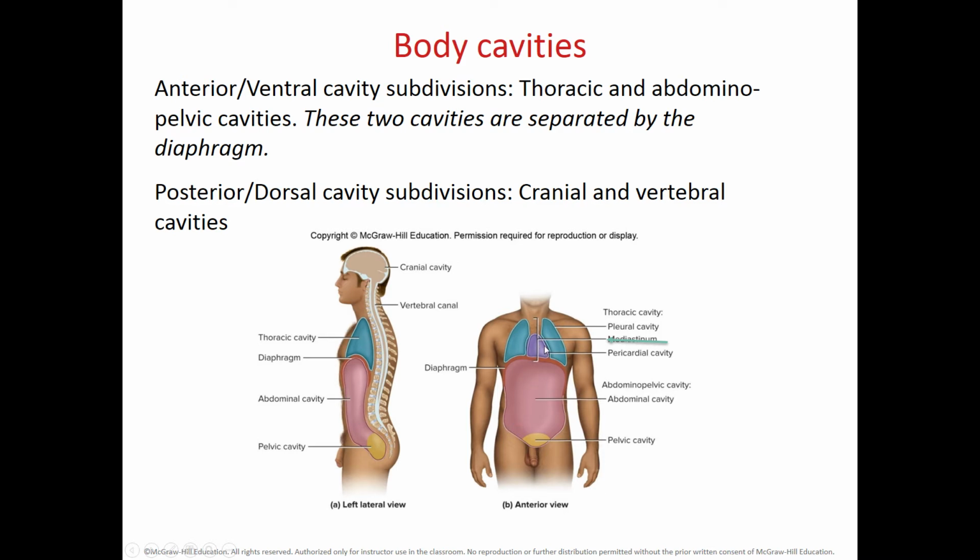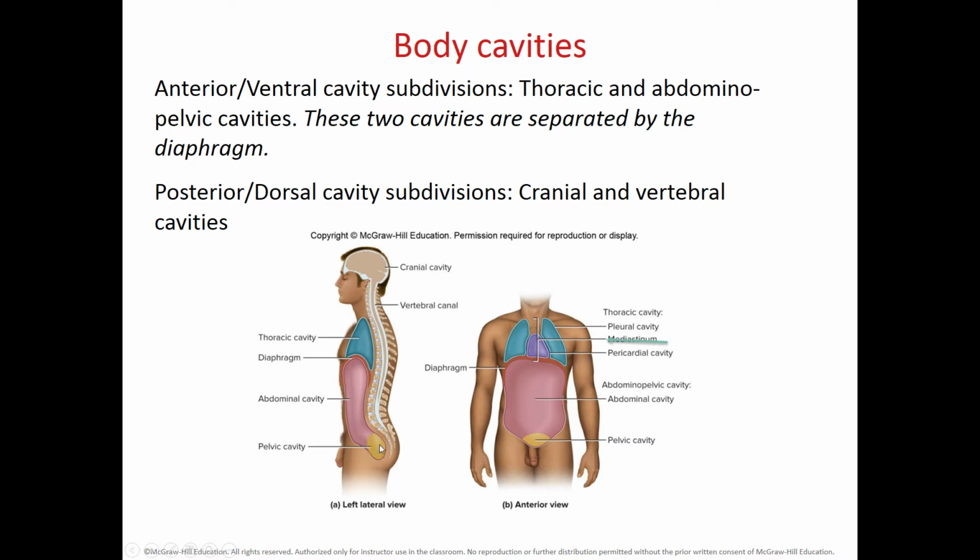Now, the anterior ventral cavity has also these minor subcavities. It has the pleural cavity in the thoracic area, which is the cavity where we hold our lungs, and then it has this pericardial cavity, where we hold our heart.